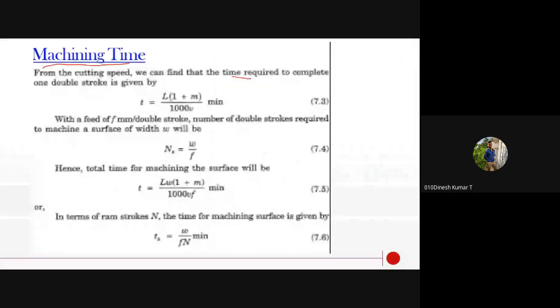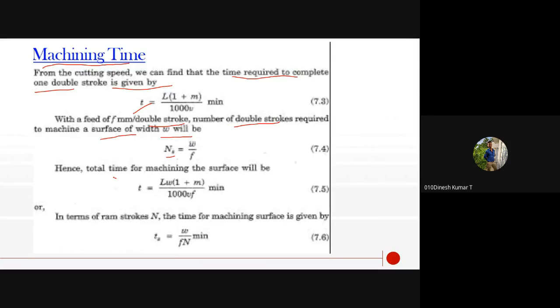See some formulas on machining time. Based on the cutting speed, we can find the time required to complete one double stroke, given by the formula T. The next formula gives the speed in millimeters per double stroke, and the number of double strokes required to machine a surface can be calculated.